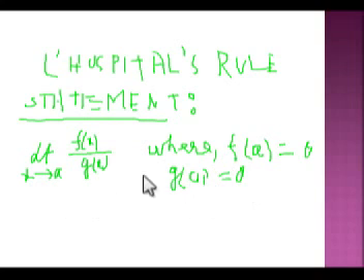If this happens, both are in the 0 by 0 form, then the limit cannot be calculated in the easy way.